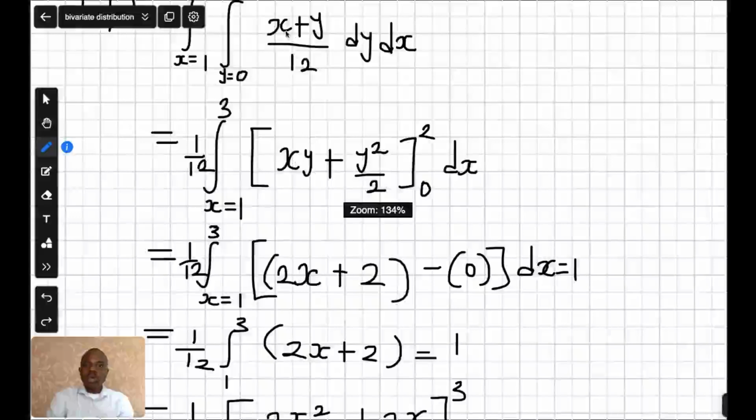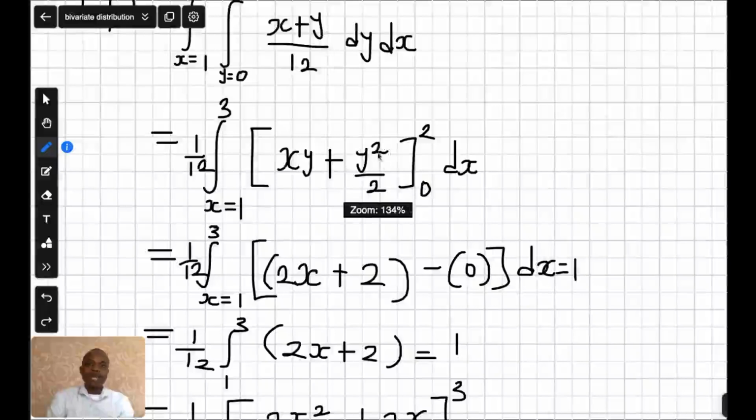How? Take x. x is a constant, so y is your concern here. Since x is a constant, if you integrate a constant, you get y as your variable of interest, so you multiply that y by x. A similar thing happens to y.